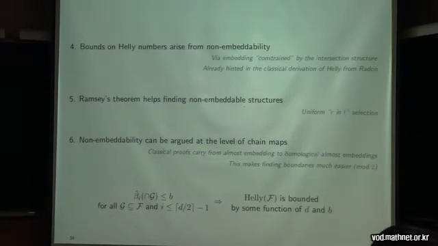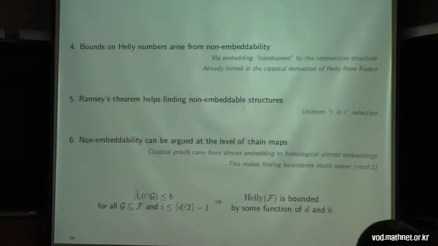Okay. So what this says is, if you have a family F, and the complexity of the intersection is controlled up to dimension d half, the Helly number is bounded. The function here is horrible. Okay, it's a Ramsey number whose parameters are powers of Ramsey numbers and so on.